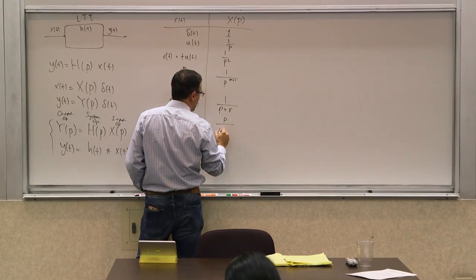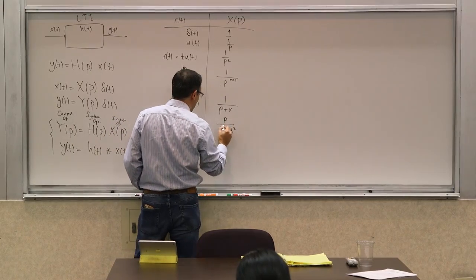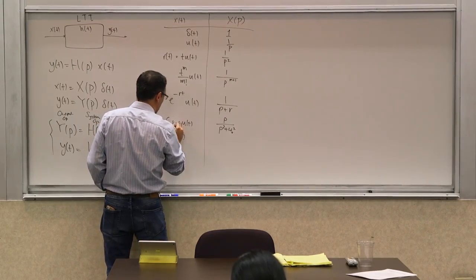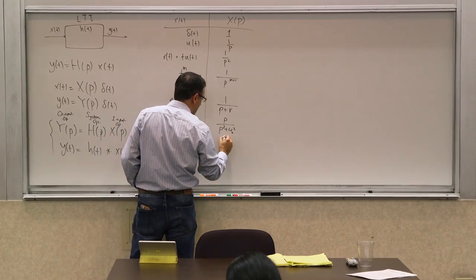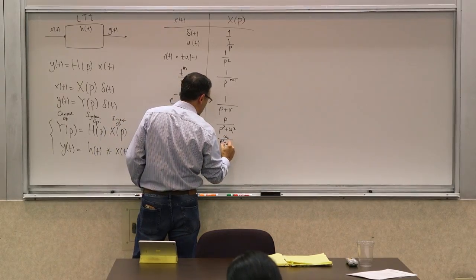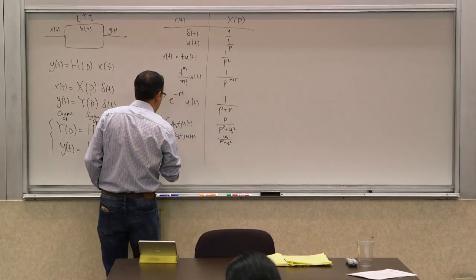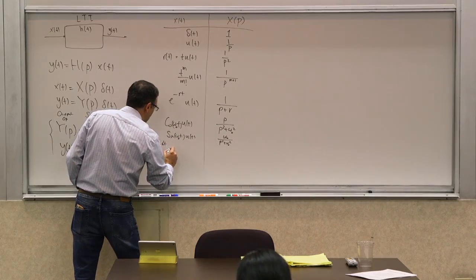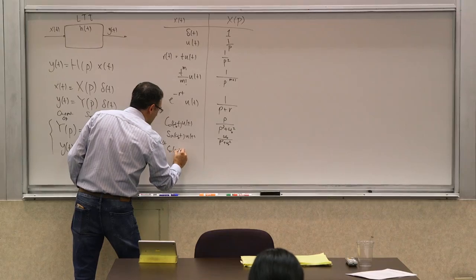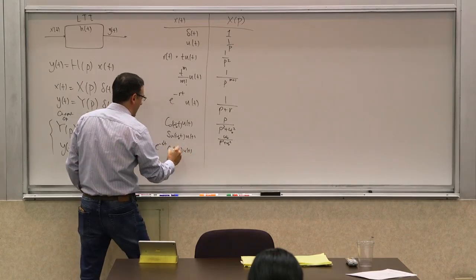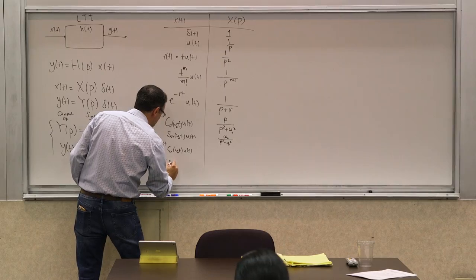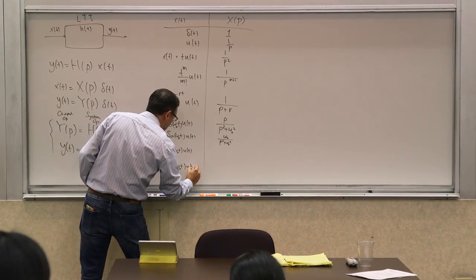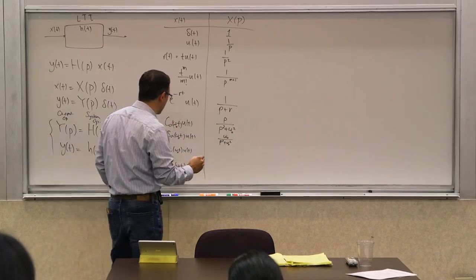Cosine gave us p over p squared plus omega 0 squared, and sine of omega 0 t u of t gave us omega 0 over p squared plus omega 0 squared. Then we had even the more complex ones, e to the negative sigma t cosine of omega 0 t u of t, and e to the negative sigma t sine of omega 0 t u of t. We did all of these last time, so I'm just reviewing it very quickly for you.